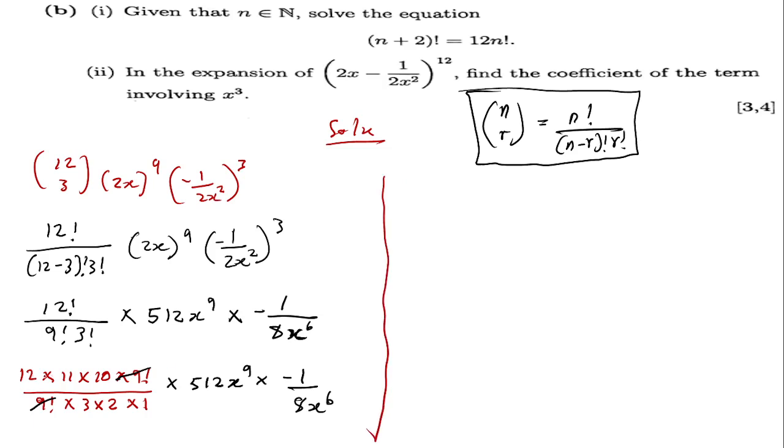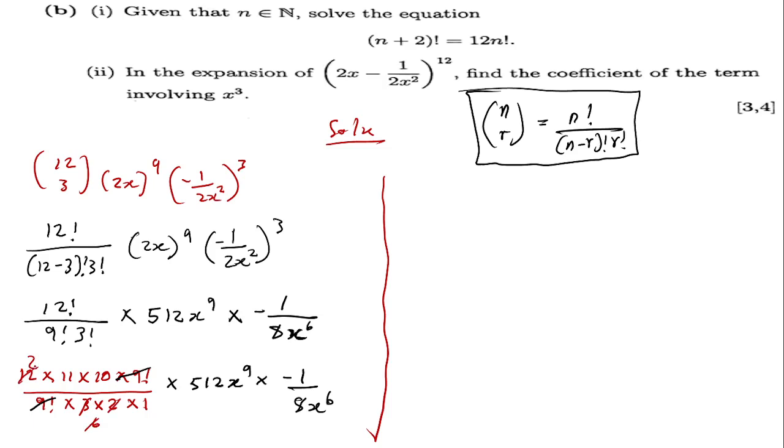You're going to say 12 times 11 times 10. Automatically, you know 3 times 2, it is a 6. So this one into that, it is 6. 6 into 12, it's simply 2.